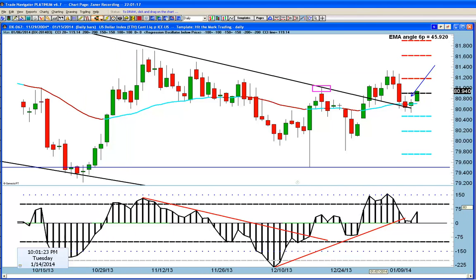We got our little marker right here. We call that the diagonal trend line break. Now I'm going to move this guy down here like so. All right, and I want to put one more mark over here.